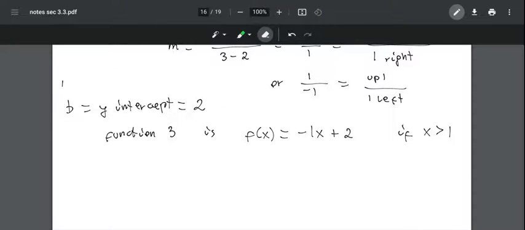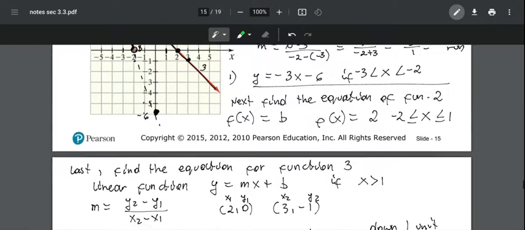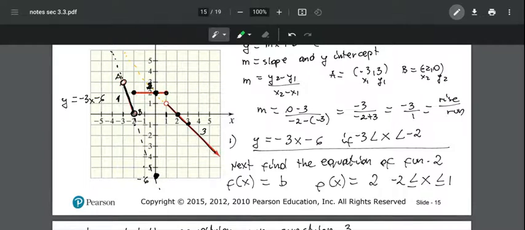And now we're going to put it all together. The piecewise defined function will be f of x equals. The first function equation was negative 3x minus 6 and works only for x's between negative 3 and negative 2.